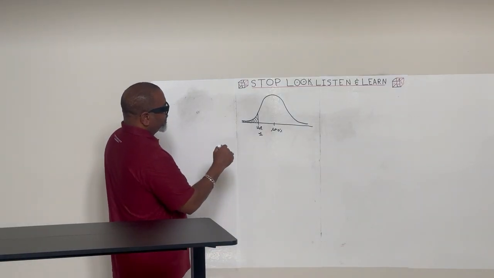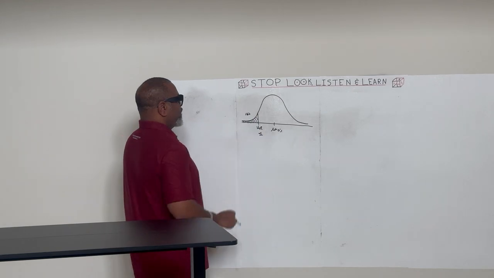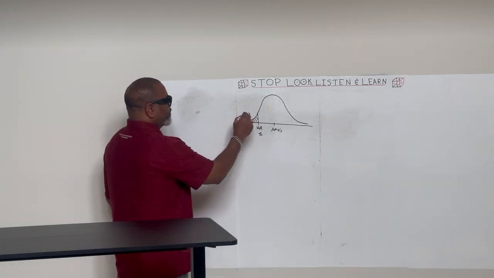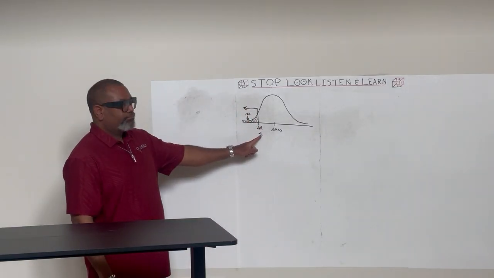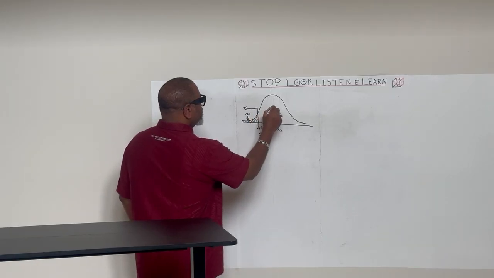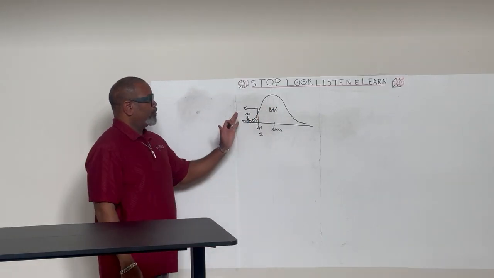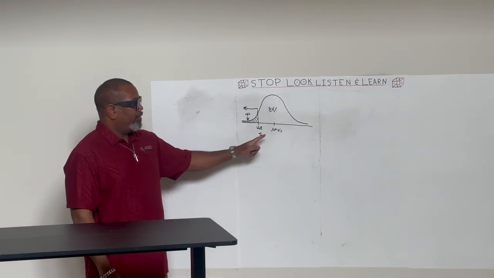Then what that means is that 16% of all of the values will be to the left of this 1 standard deviation, and 84% of the values would be to the right of that 1 standard deviation here.